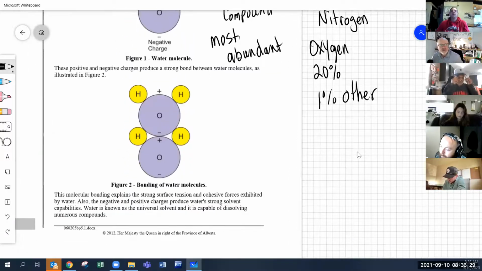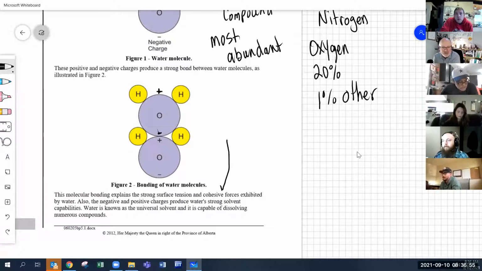So when these positive and negative charges get together, see, they have negative and positive here. When they get together, they produce a very strong molecular bond, right? When they float around in the atmosphere and they collide together, they're very sticky to one another. That's why we have that. And they exhibit strong cohesive forces together, right?